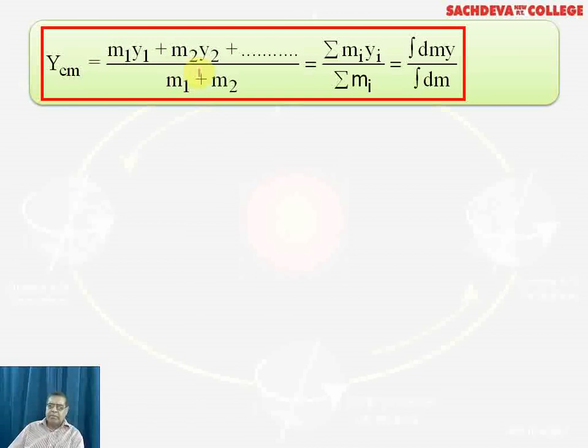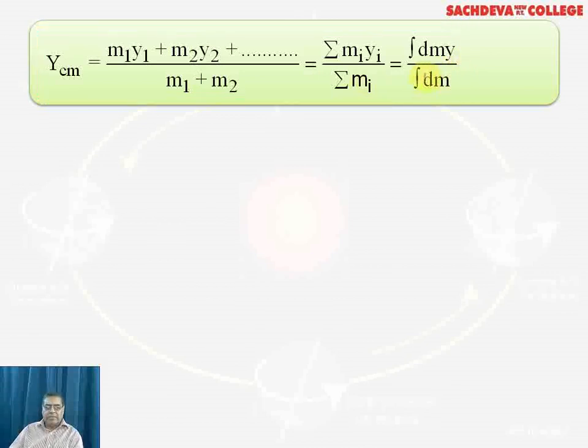The formula becomes m1y1 + m2y2 + m3y3 and so on, divided by m1 + m2 + and so on. In short form, it is summation of miyi, where mi is the mass of the ith particle and yi is the distance along the y-axis of the ith particle, divided by summation of mi. The whole thing can be written in integral form as the integration of y dm divided by the integration of dm.